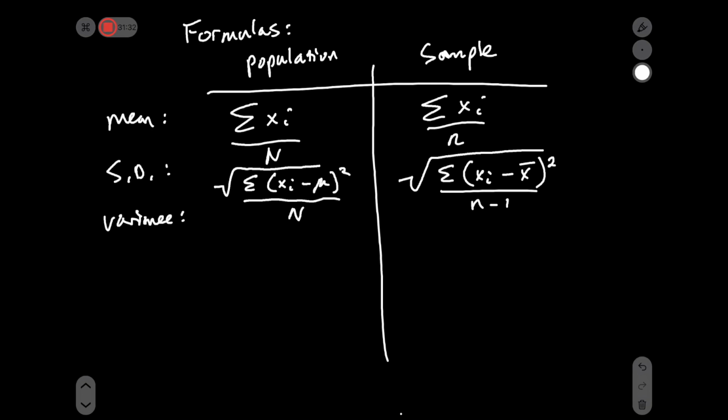And finally, for variance, we've got all of this, this here, we've got this squared. So basically it's the same thing, but without the square root sign, right?